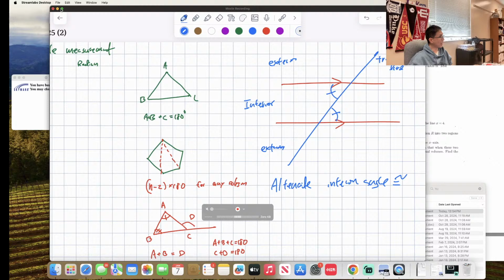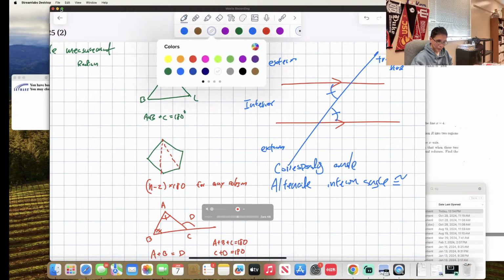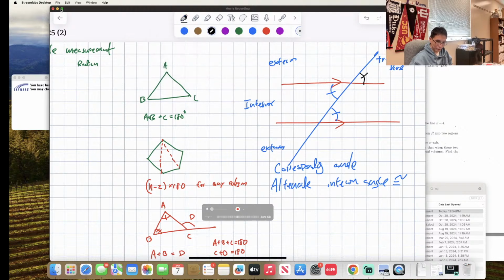The reason why they are congruent is there is something called correspondence. And the corresponding angle is like this, in terms of position. So this angle and this angle are congruent because, let's say angle 1 and angle 2, angle 1 is equal to angle 2. There is no proof. So they call it a postulate.